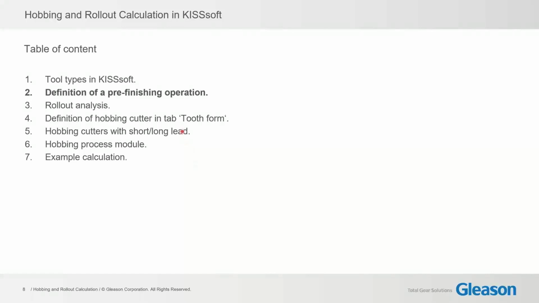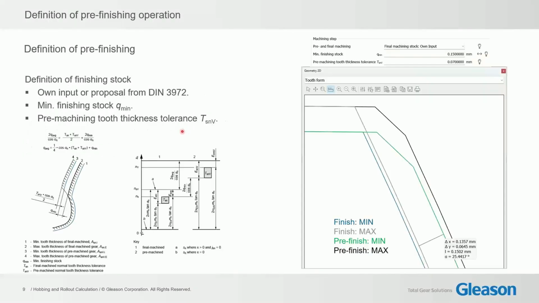Moving on to the definition of the pre-finishing operation. As I've said before, the definition of the pre-finishing operation has changed in the 2025 release. However, if you have old files, the geometry, the grinding stock and the tolerance of the old files are updated to the new inputs, the Q-min and TSNV.